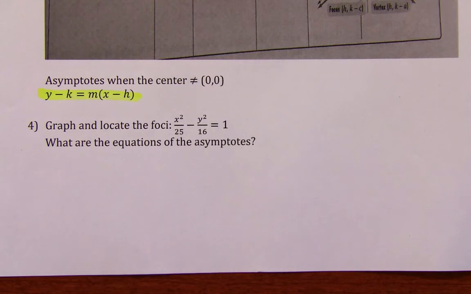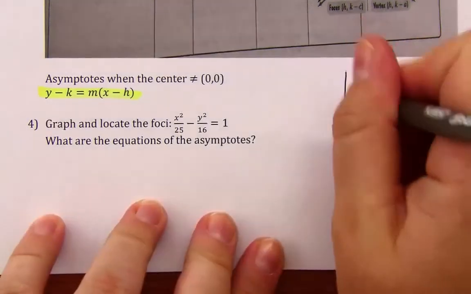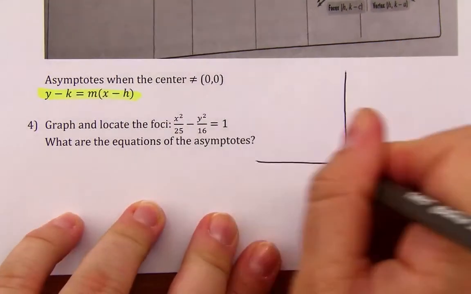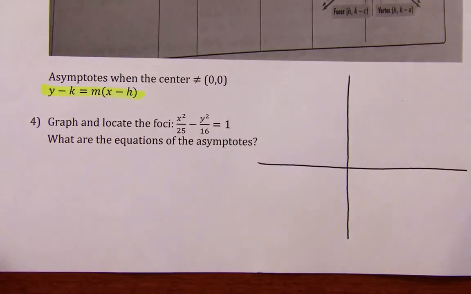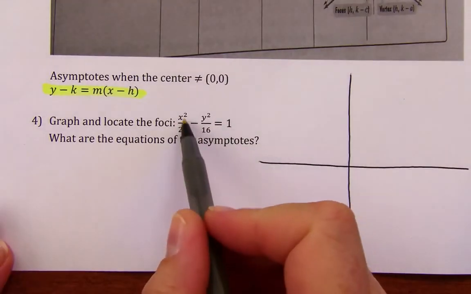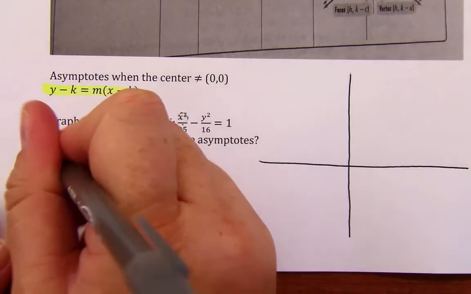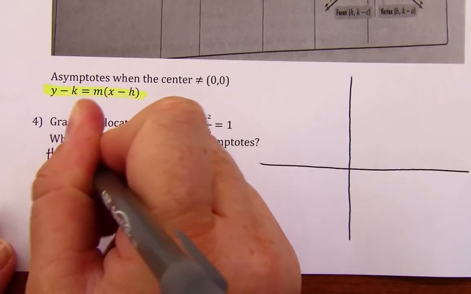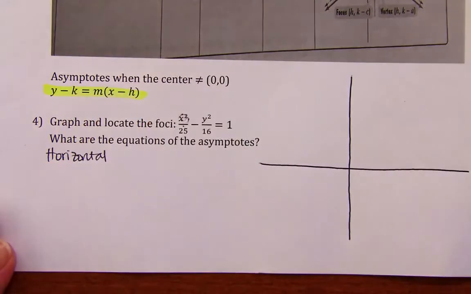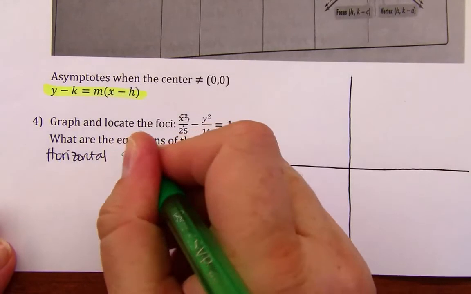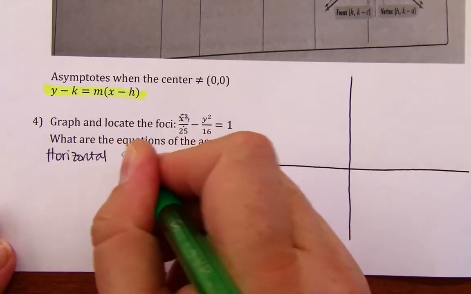So it says to graph and locate the foci of this equation, and it wants to know what the equation of the asymptotes are. Okay. So, seeing that x is first, we know this is horizontal. And then my A value is obviously 5, my B value is 4.